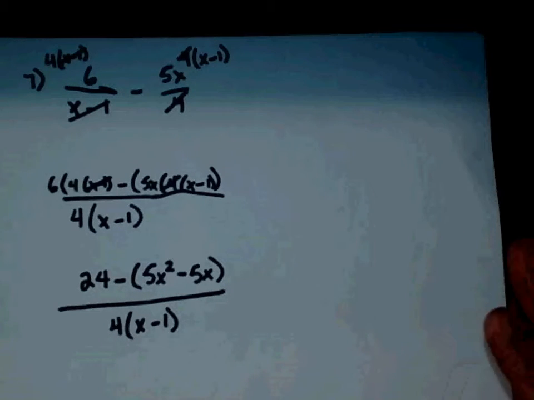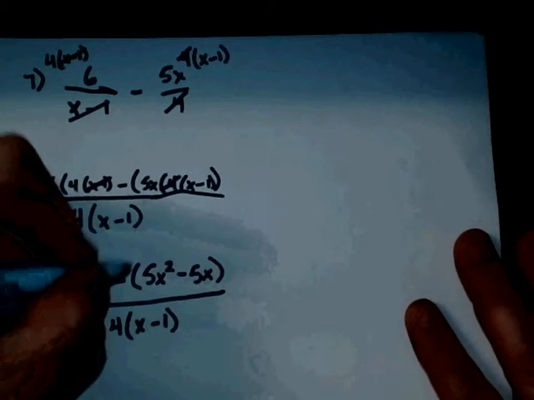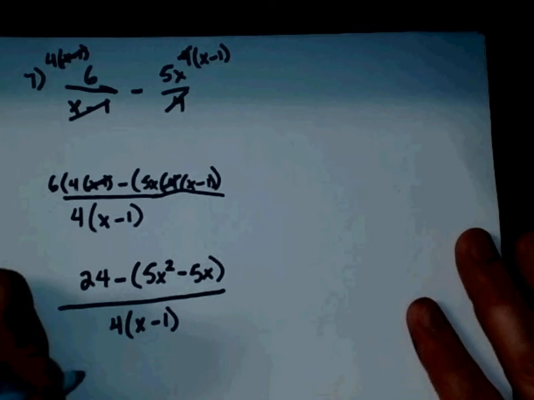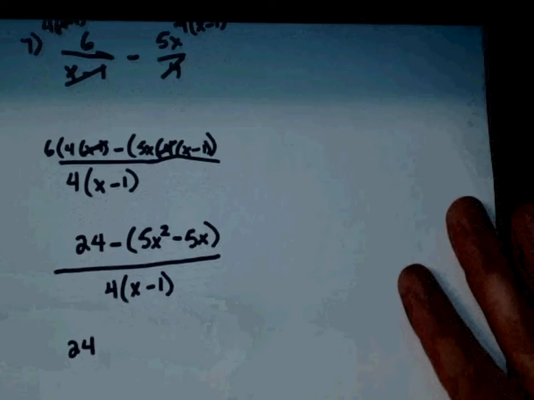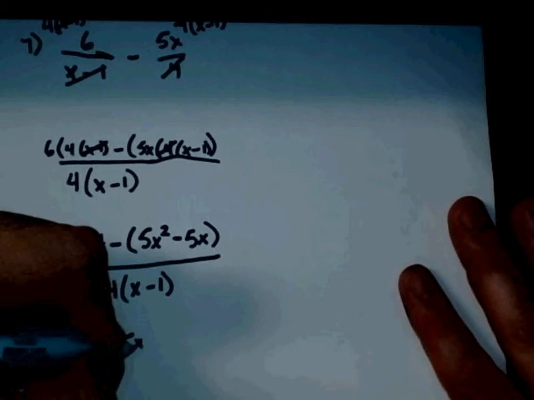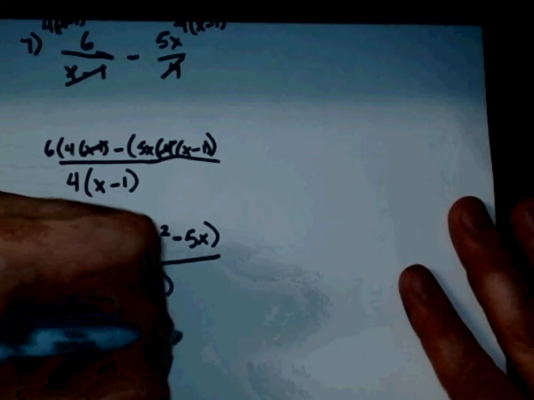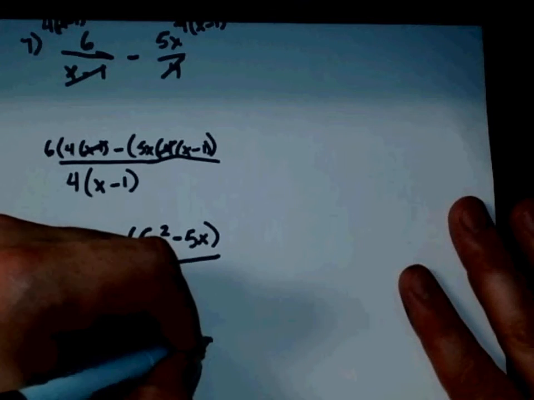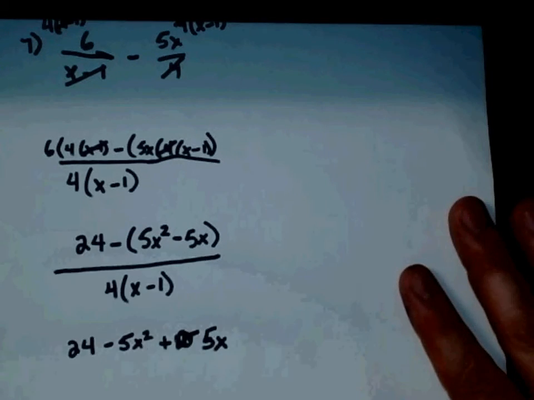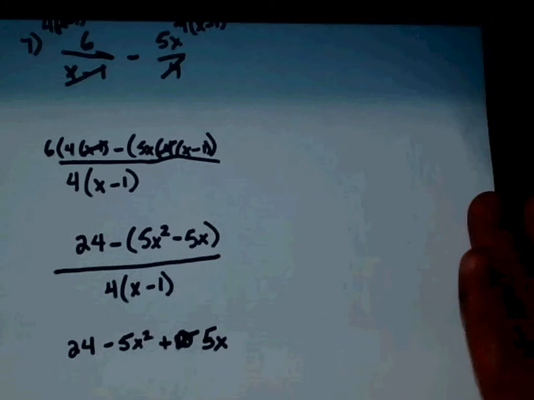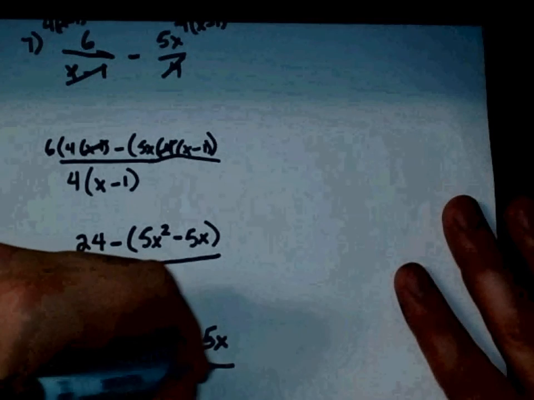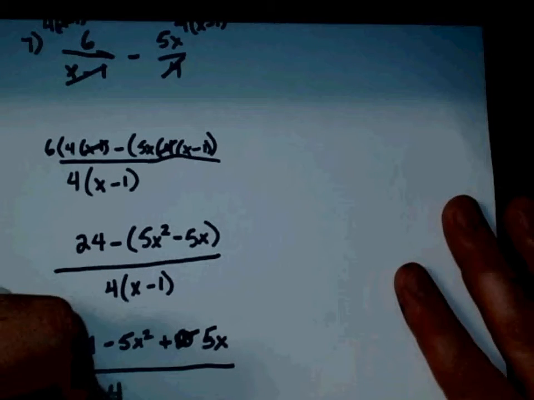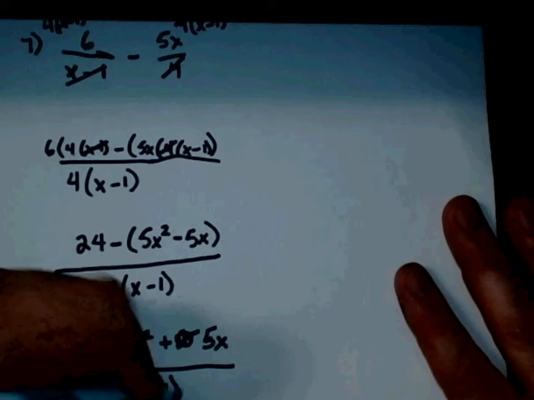All right? And so what we need to do now is distribute our negative. So this is going to be 24 minus 5x squared plus 5x, because it changes it to a plus, all over 4 times x minus 1.